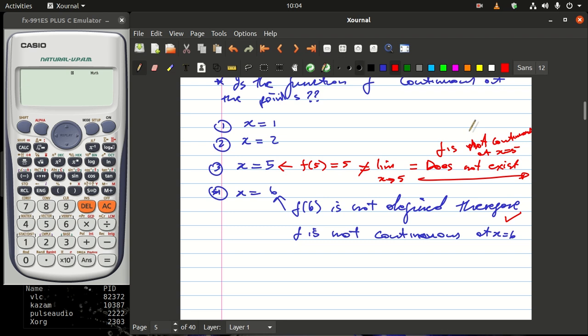The limit has to exist at the point, and secondly, it must be equal to the function value to say that f is continuous at that particular point. Once you pick one thing that is not happening, then it's not continuous at that point, right?